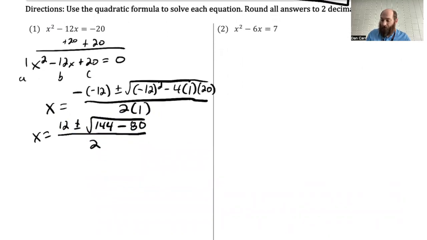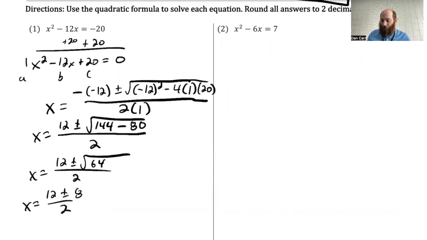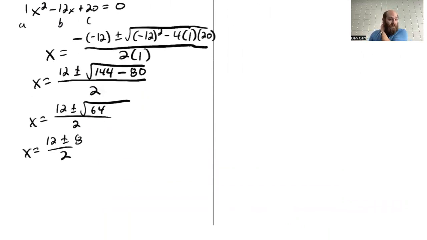All right, so 12 plus or minus, that should be 64, all over 2 still. The square root of 64, thankfully, is a nice, neat number. That is just 8. So x is equal to 12 plus or minus 8, divided by 2. Now, this is where I'm going to get my 2 answers from.